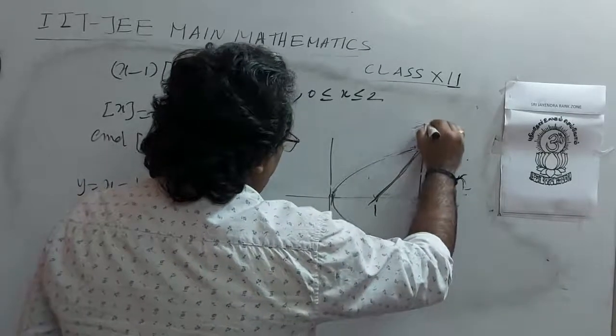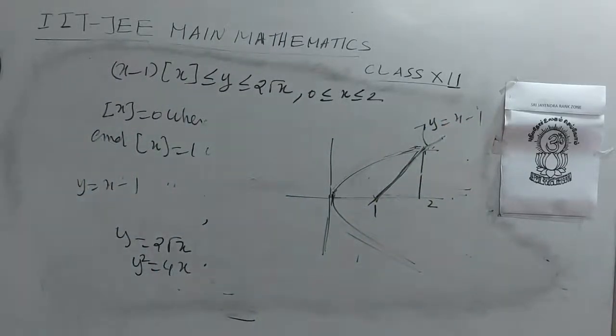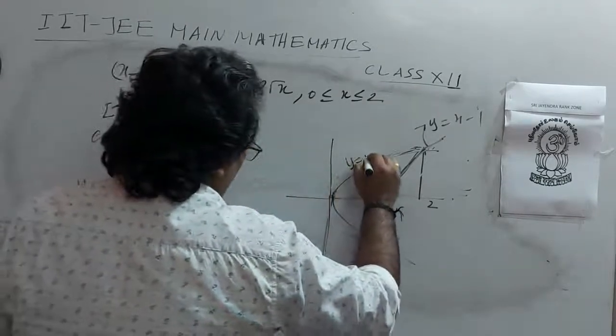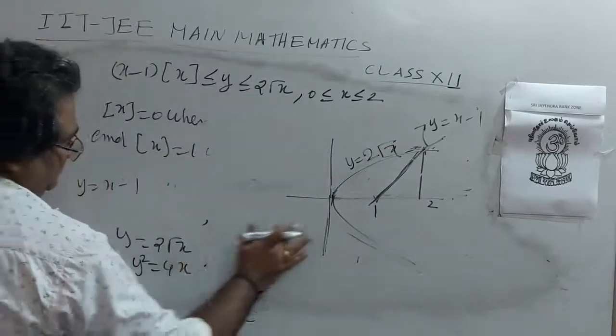This line is y equal to x minus 1. This is y equal to 2 into 2 root x.